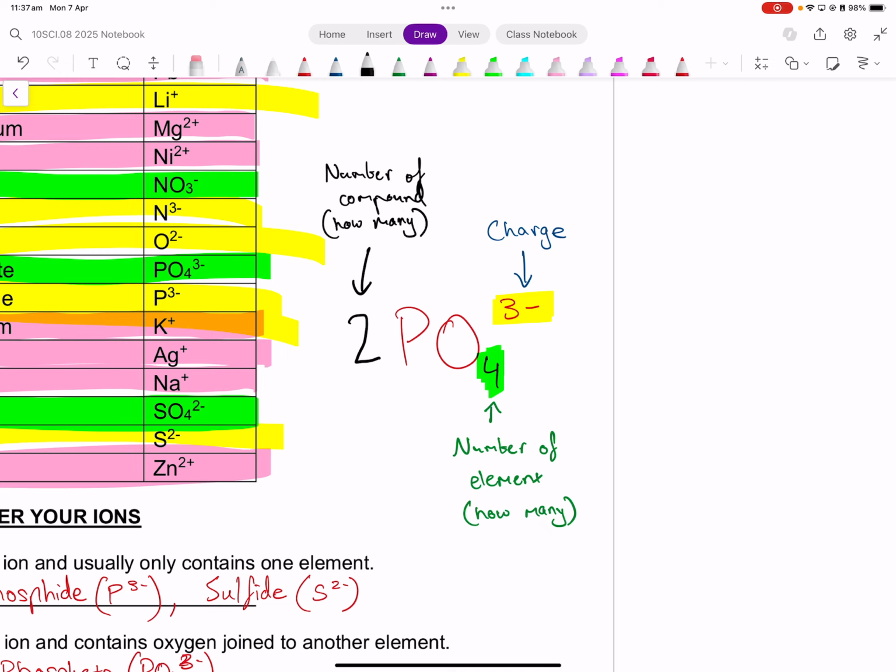If I put a 2 out the front and I ask how many phosphates do I have, you would say 2. How many oxygens are there all together in my 2 phosphates? 8, because I have 2 lots of 4. How many phosphorus atoms are there in my 2 phosphates altogether? 2. How many are found in 1? Just 1.